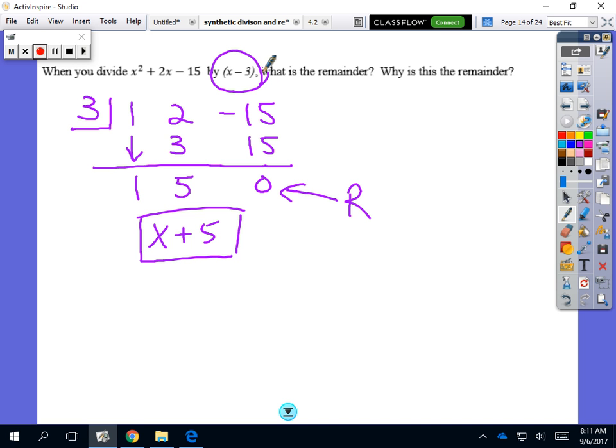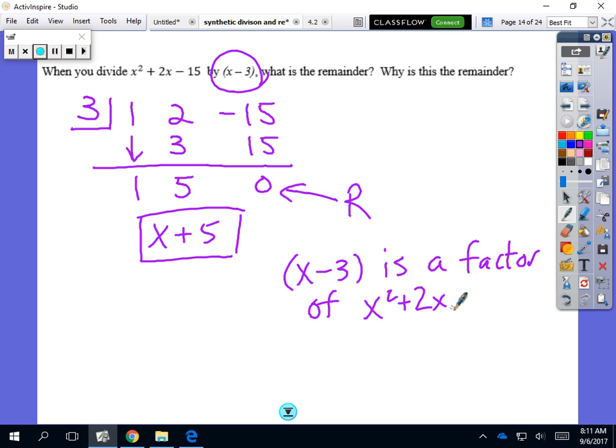So that means x minus 3 is a factor of x squared plus 2x minus 15, since my remainder, I'm just going to use an R to stand for remainder, is 0 when I divide.